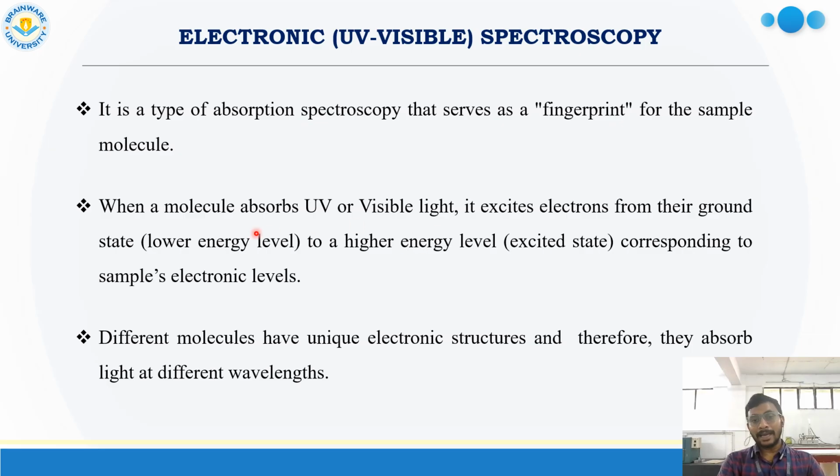When a molecule absorbs ultraviolet or visible light, the electronic levels are excited, meaning electrons jump from the lower, ground energy level to an excited state. That is what happens, and we measure that light.